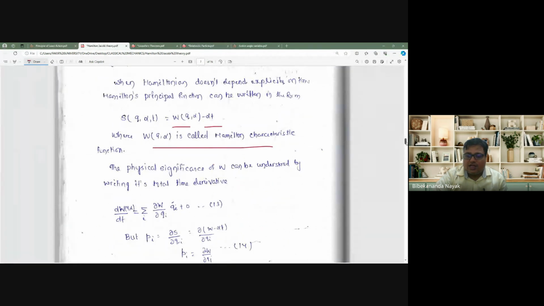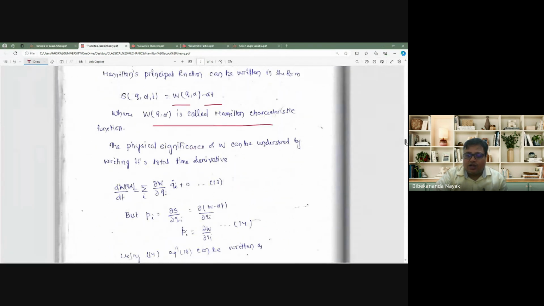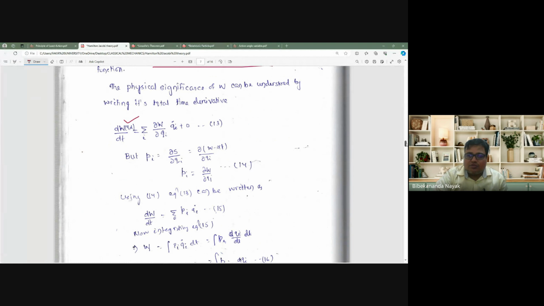The physical significance of W you can calculate if you take the total time derivative dW by dt. It will be sum of del W by del qi into qi dot, plus the alpha derivative with respect to alpha, d alpha by dt, which is 0. So it is pi. If pi is equal to del W by del qi, you know that.